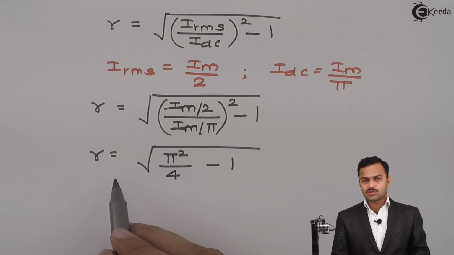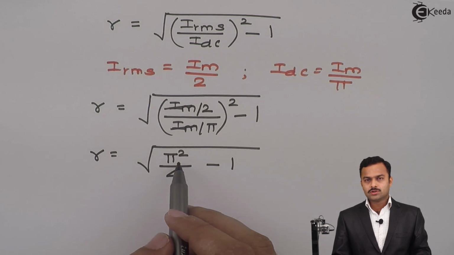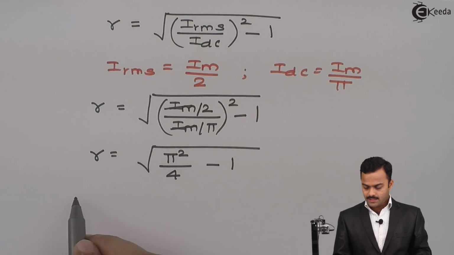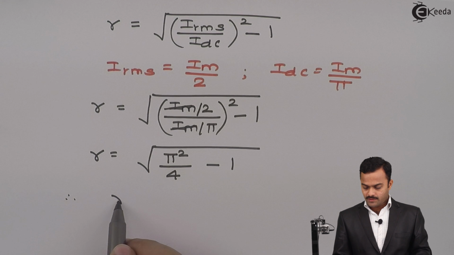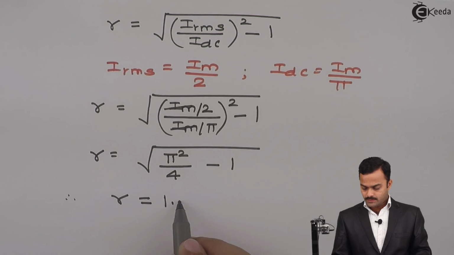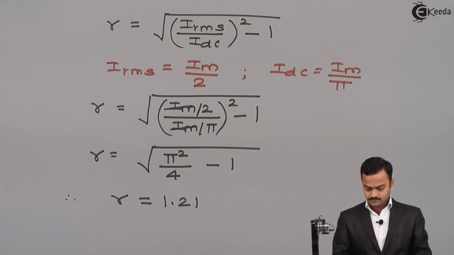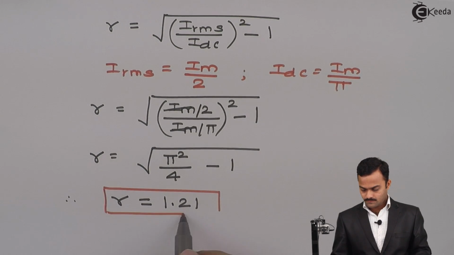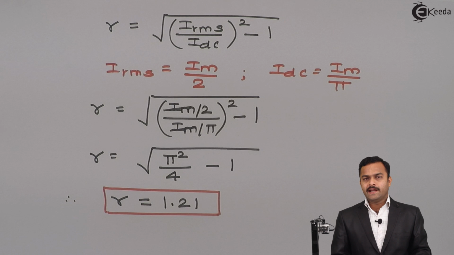All these terms are constant. If I substitute value of pi, I will get ripple factor equal to 1.21. In percentage, it will be 121% of the DC value.